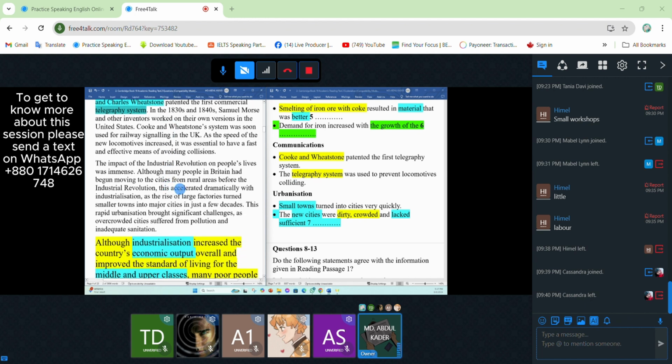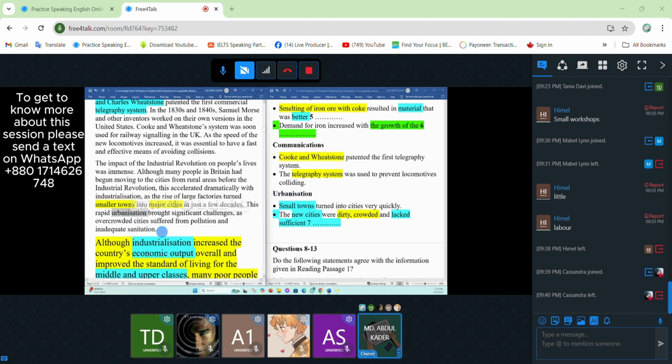Now I would like to move on. Small towns. Yes, major cities, smaller towns. We've got the word urbanization here.